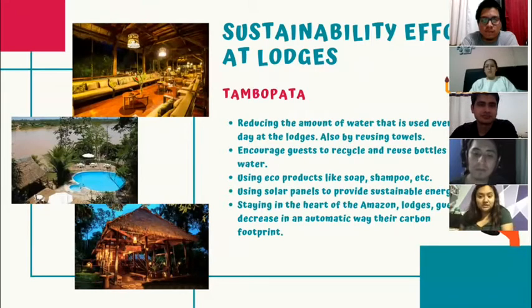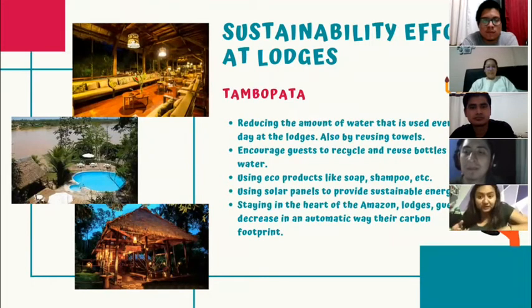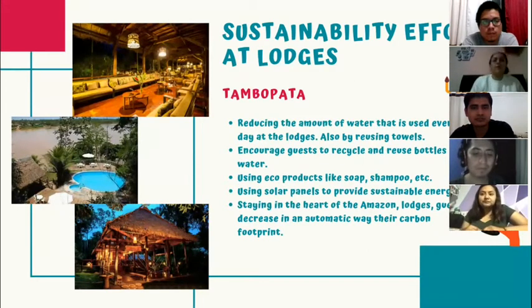First, the efforts in the lodges, what they do in the different accommodations in Tambopata. They reduce water use every day, and also reduce towel washing. They also encourage guests to recycle and reuse, like bottles to fill with water while they are hiking, and to use eco products like soap or shampoo or even clothes.